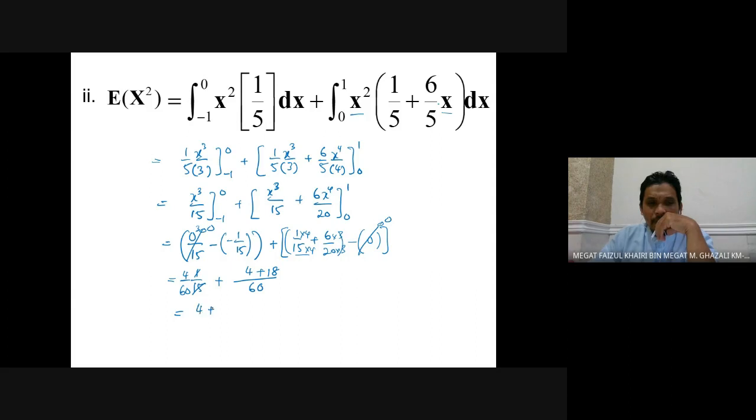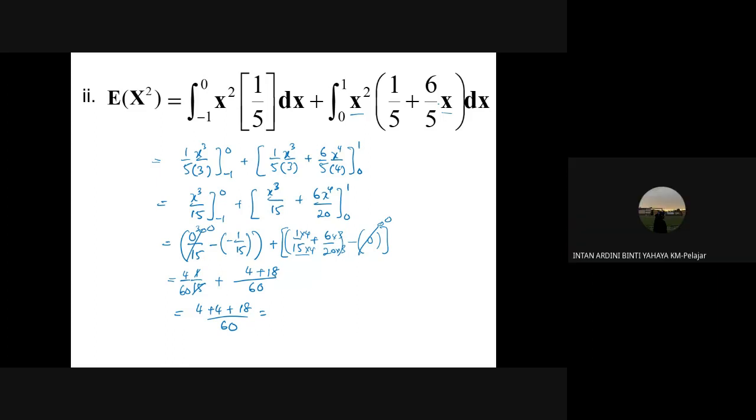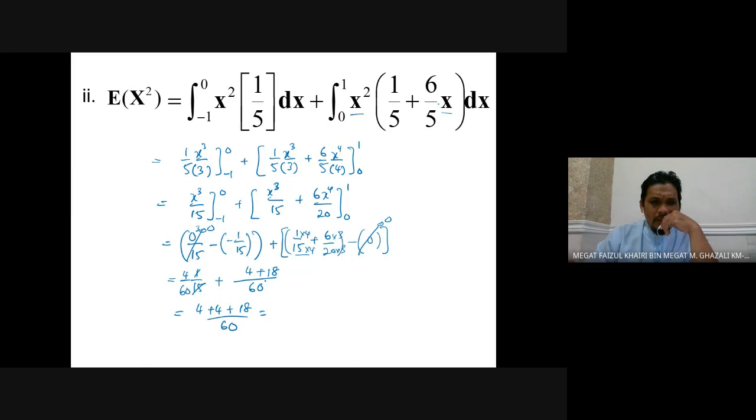So 4 plus 4 plus 18 divided by 60 equal to 26 over 60, equal to 13 over 30. That's it. Okay.